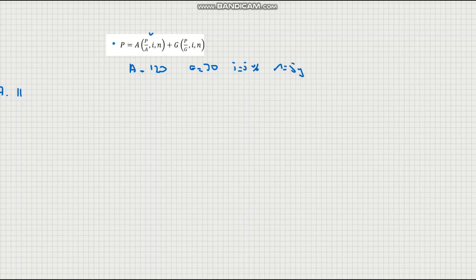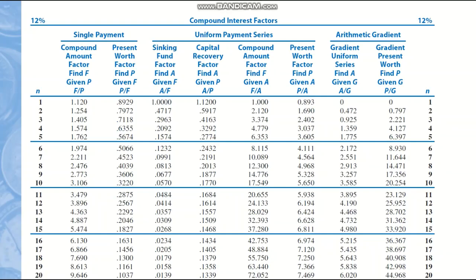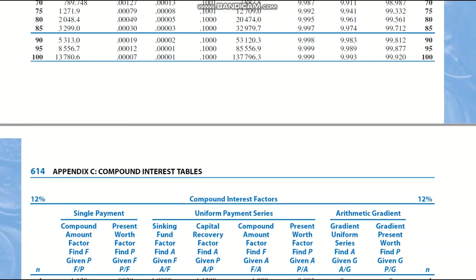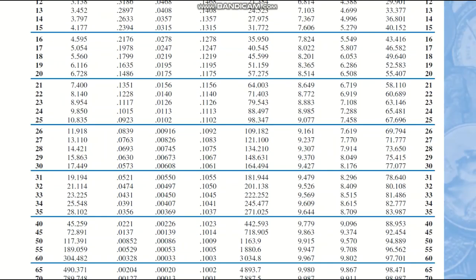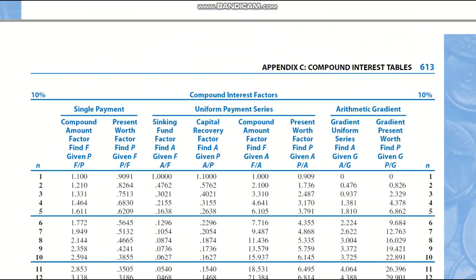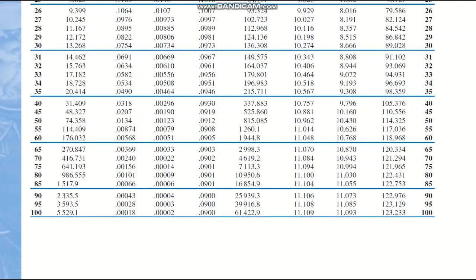So if I use these terms, can I calculate P with A multiplied by some coefficient or G multiplied by some coefficient? The answer is yes. Where we are going to take these coefficients is given by our course book, which is Newnan, Eschenbach, and Lavelle, 11th edition of Engineering Economy.